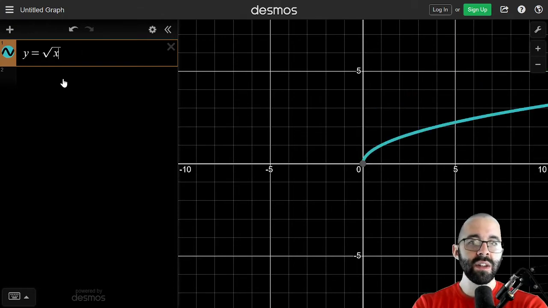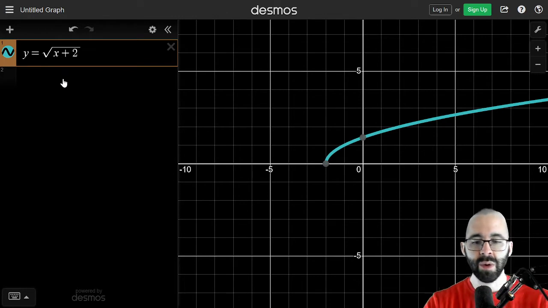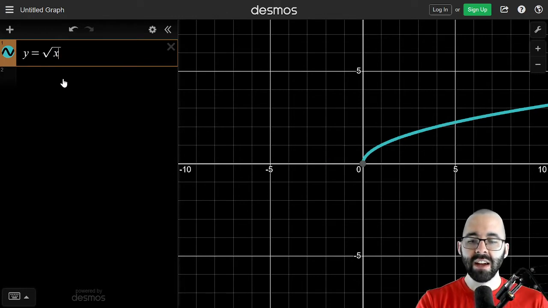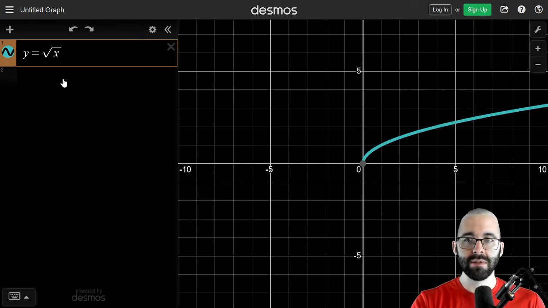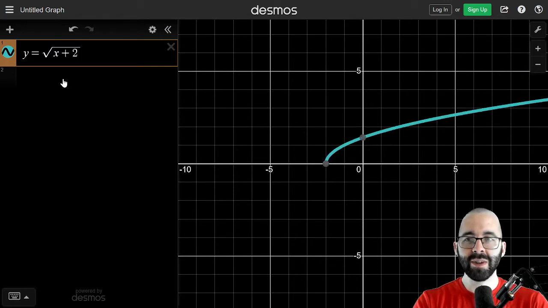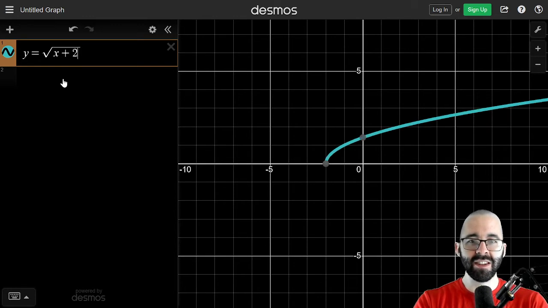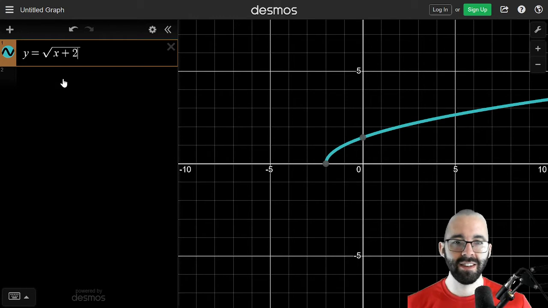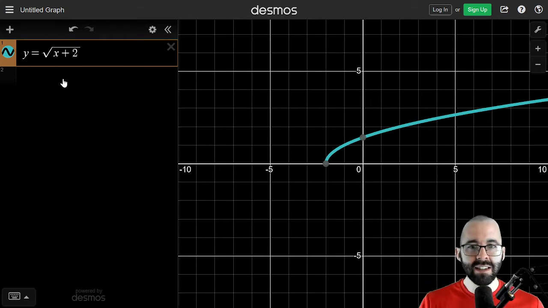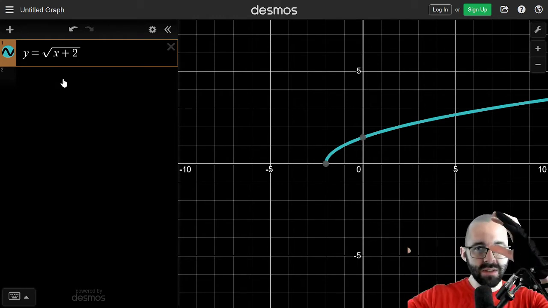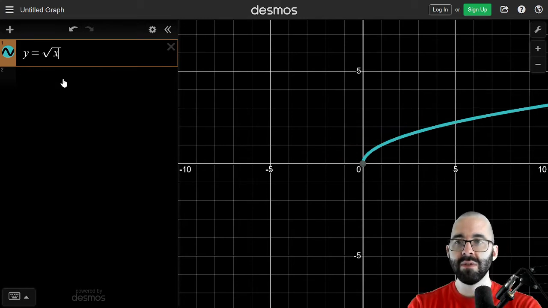But if I add 2 on the inside of the square root, look what happened. It moves it to the left. So when we say inside, it's a horizontal shift because it's on the inside of the square root function.